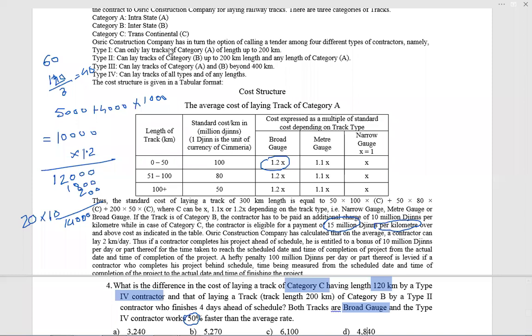The second cost will be like first 5,000 here, then 4,000 here, and then entire 100 because total is 200. Then 5,000 here. The total is 14,000 into 1.2, 16,800.